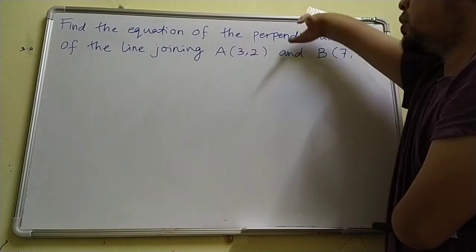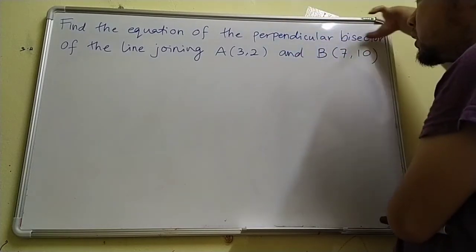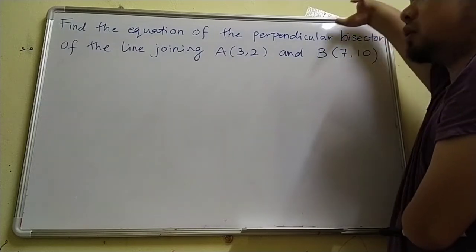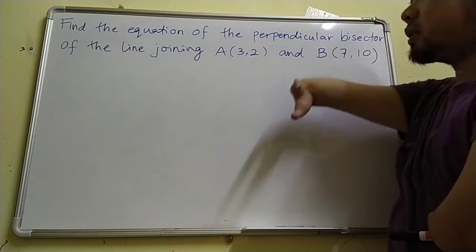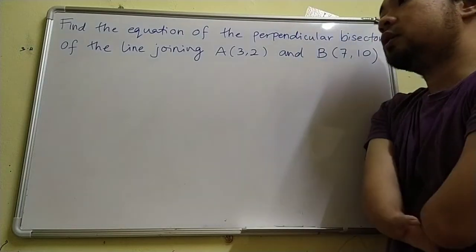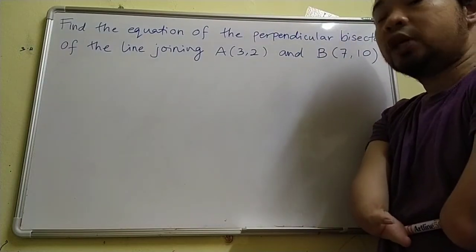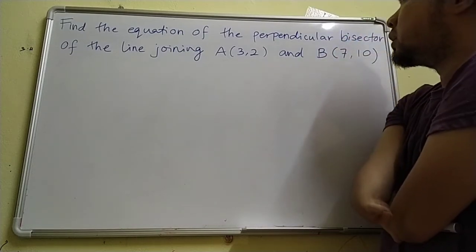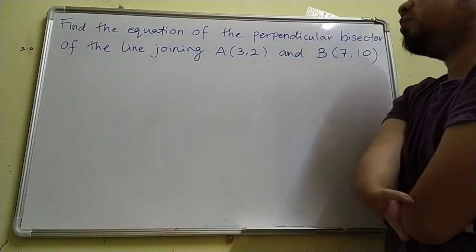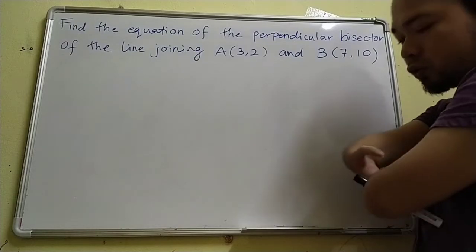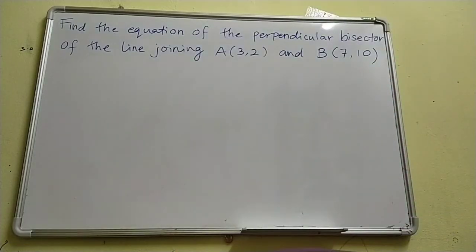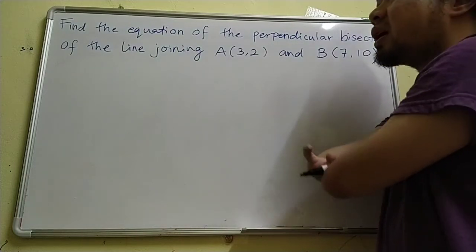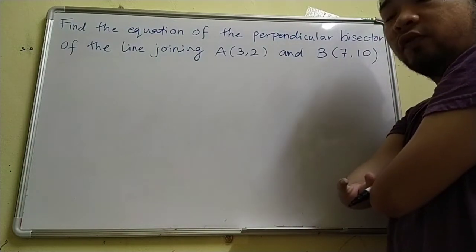Always remember when you see the word bisector, it means that the line is divided exactly into two, equally. Bisector means middle. Before I solve this question, this is just to illustrate what kind of line we are actually looking for.